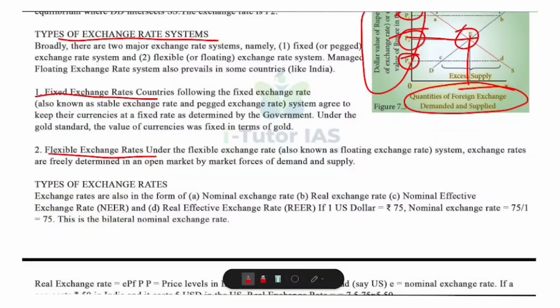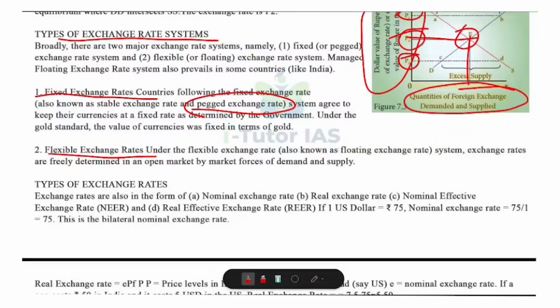The fixed exchange rate system is also called the pegged exchange rate system. It is one where the government or central bank sets and maintains the value of its currency at a fixed rate against another currency or a basket of currencies.